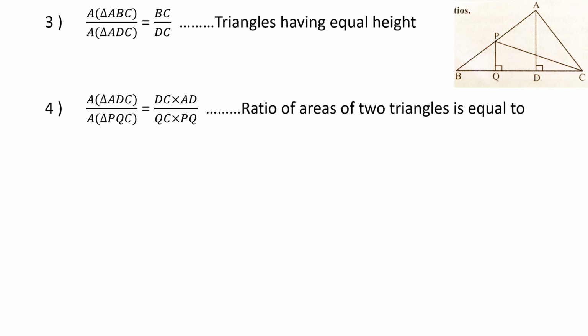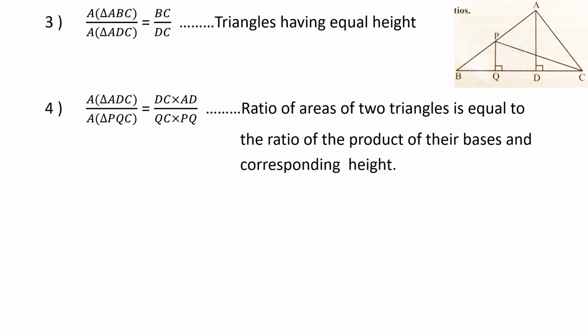Next ratio, area of triangle ADC upon area of triangle PQC is equal to. Now ratio of areas of two triangles is equal to the ratio of the product of their bases and corresponding height. If you are observing both the triangles, no base and no height are same for both the triangles.